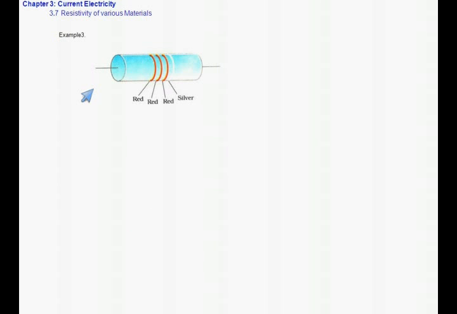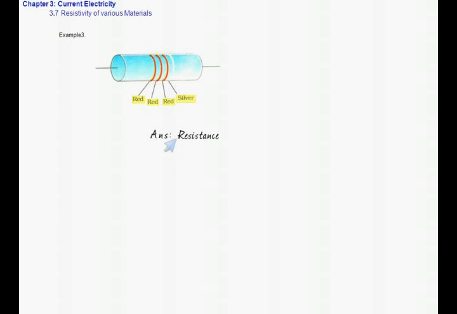Take another example. Suppose we have a carbon resistor which has colored bands as red, red, red, and then silver. What will be its resistance? So for the first and second colors, we have to see the code. That means they will give you the significant figures.